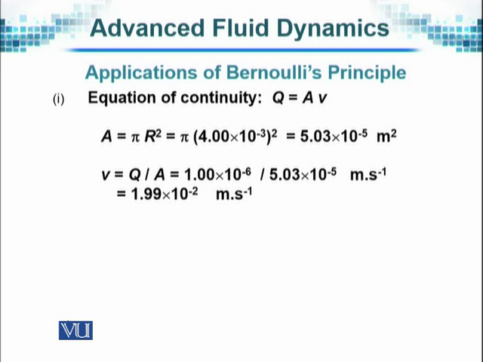In this case, we need the quantity of blood flow, which is the cross-sectional area times the velocity with which the fluid is moving, and the fluid happens to be the blood. So the area A is equal to pi r squared.